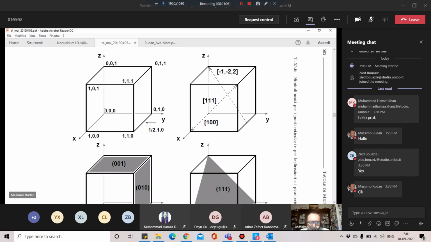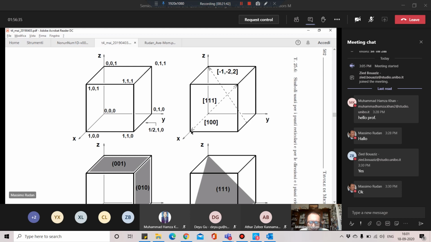And then you subtract the first coordinate of the first point, that is a 0. 1 minus 0 gives you a 1. Second coordinate minus the second coordinate, 0 less 0 is 0, and the same for the third coordinate. So this [1, 0, 0] in square brackets indicates this crystal direction from the origin into the first node.